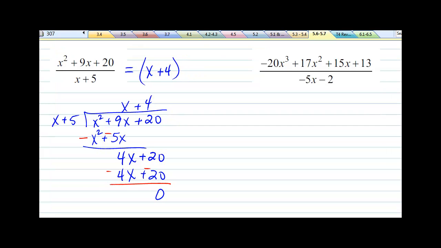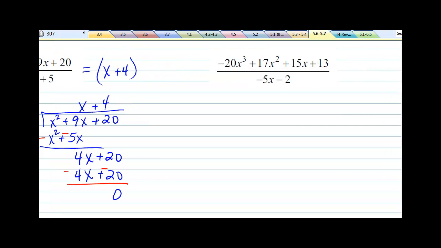So now let's practice that again. Here we have a polynomial being divided by a binomial. We can't use our monomial division like we did a minute ago with the fractions.